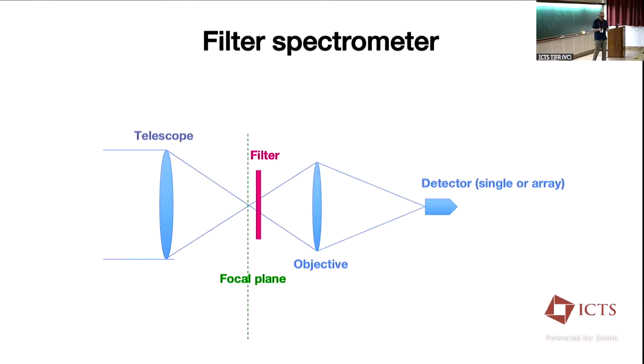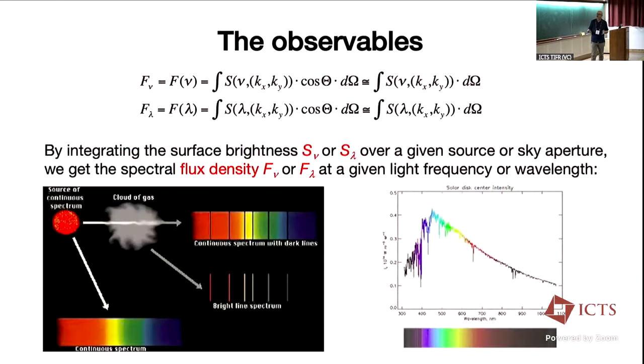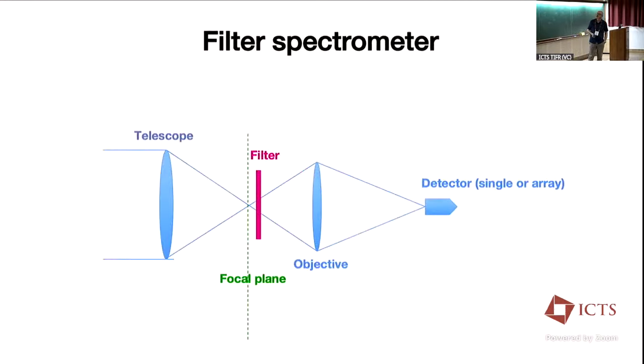If we go back, I want to know the intensity at every single wavelength. So the most immediate approach is that I put a filter in and I observe the intensity which goes through this filter. Here I'm reducing the concept to the fundamental aspects. We have a telescope, which is the collecting area.